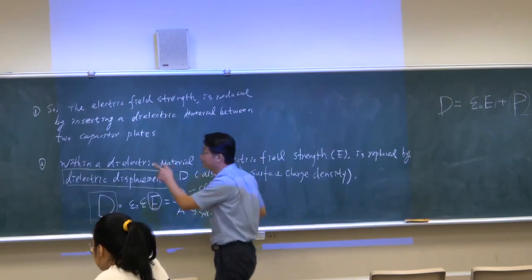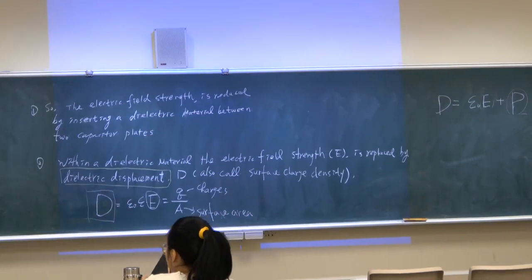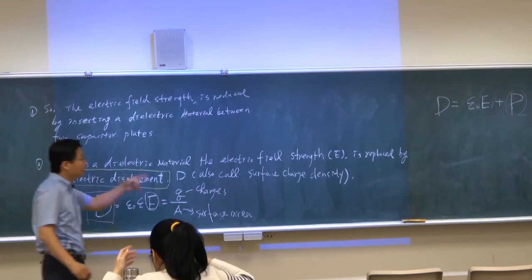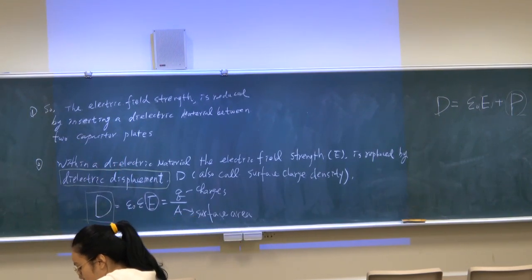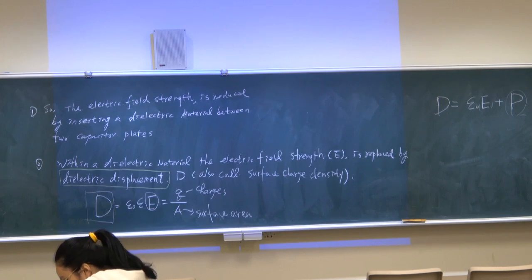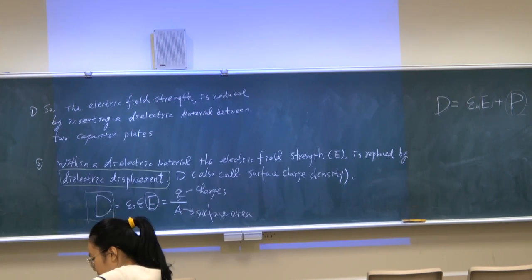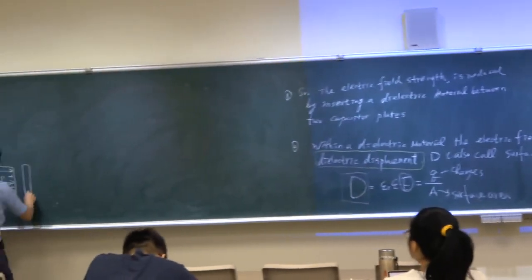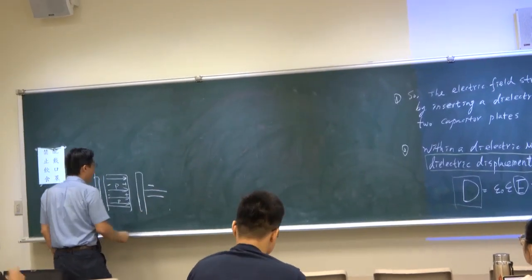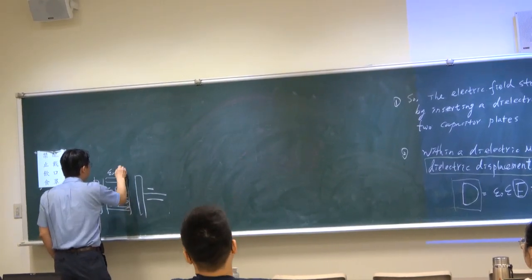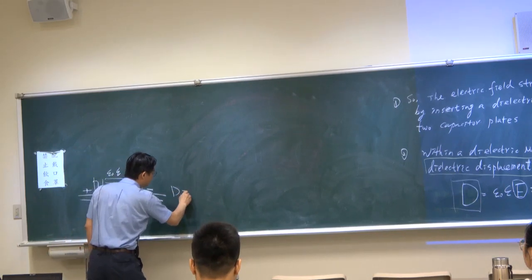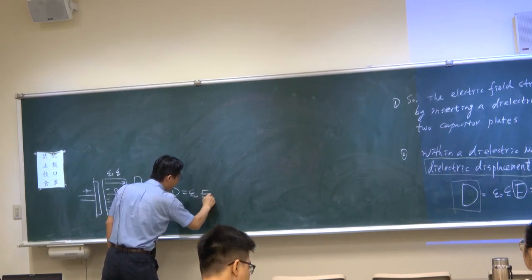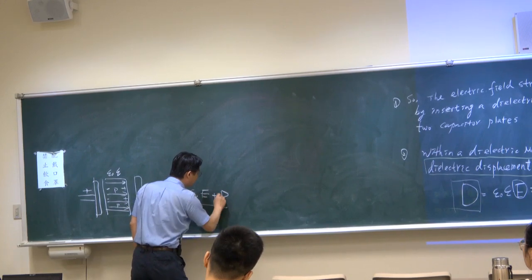As I just mentioned, D can also be written like this, because you have P. There's epsilon 0 and epsilon. So this D displacement can be written as E plus P, right?